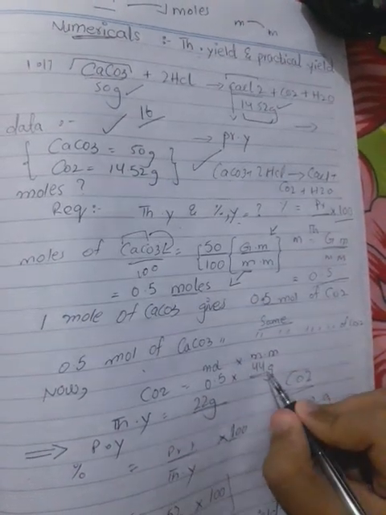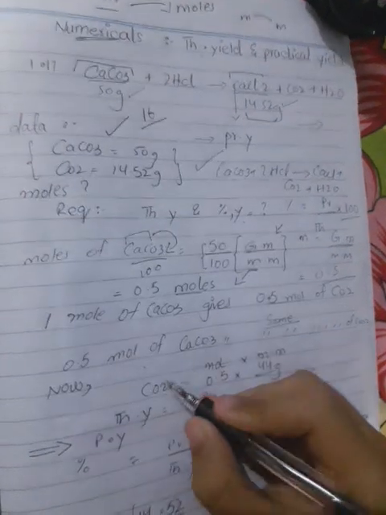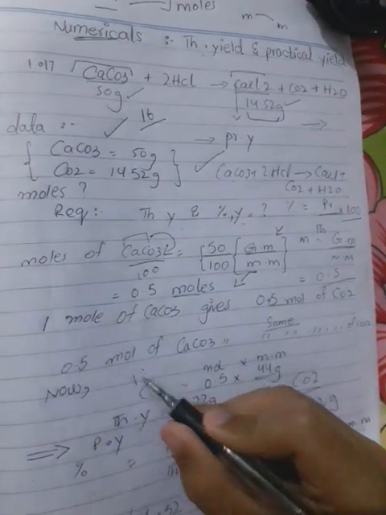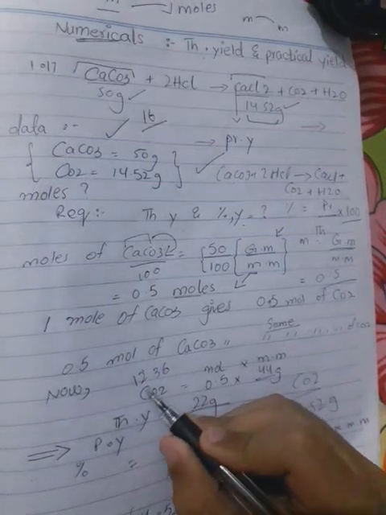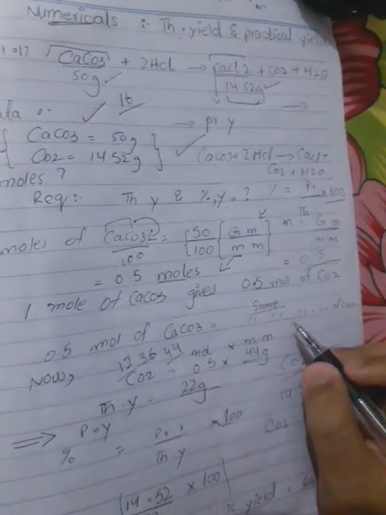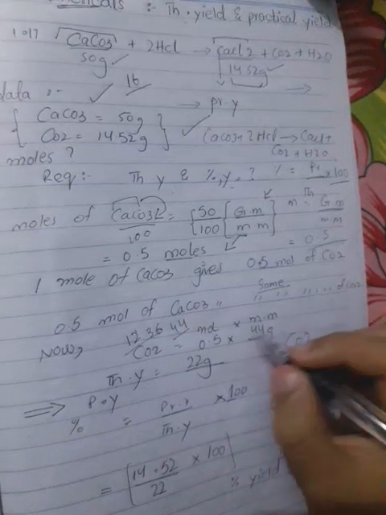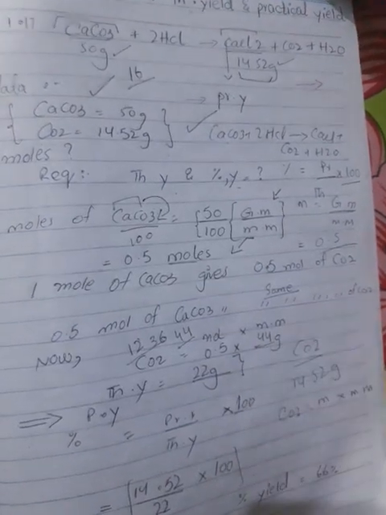Again, the molecular mass for carbon dioxide will be 44. You can simply evaluate it like this: 12 and 32, adding them together, that will give you 44. So that is our answer for theoretical yield of carbon dioxide.